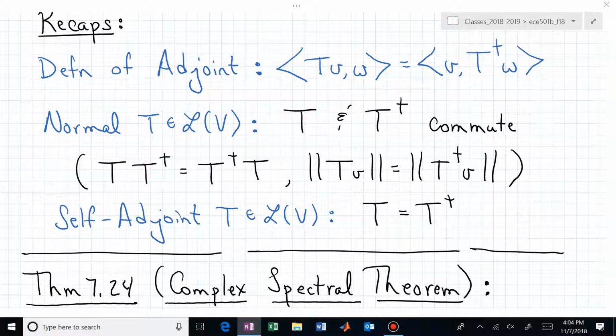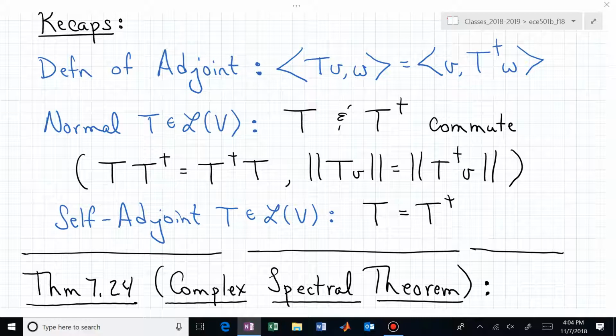If we have an operator that's normal, then that means that the operator and its adjoint commute, or T T dagger is equal to T dagger T, and an equivalent way of thinking about a normal operator is that it preserves norms.